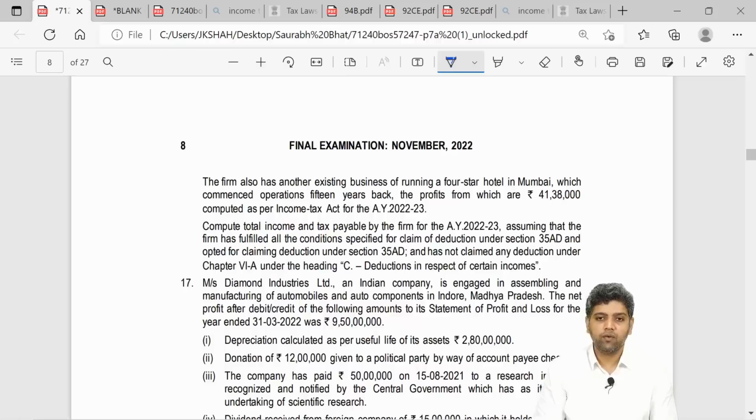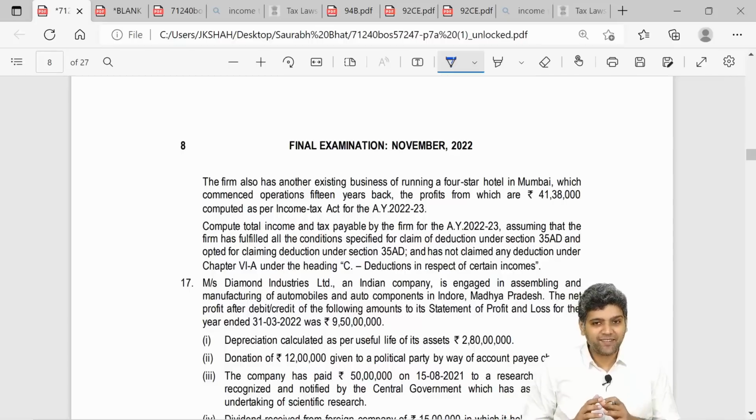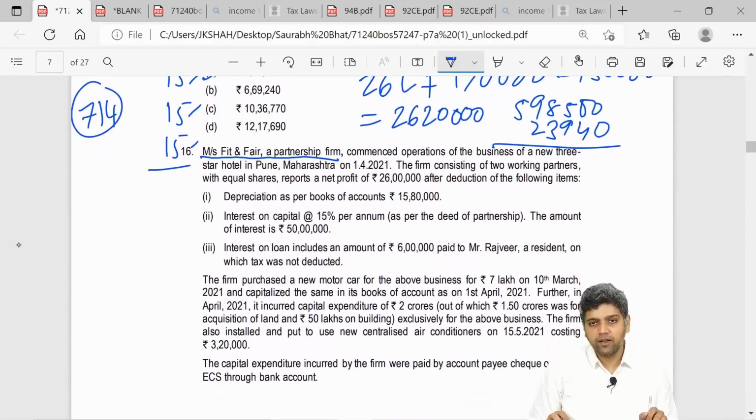Now friends, whenever such type of question is asked in exam, they are kind enough, charitable enough to write over there compute tax under normal as well as AMT provisions. They always point out. But over here they have not done that. You need to be mindful of the fact that if the assessee has claimed any special deduction under Part C of Chapter 6A or 35AD, then it is required to compute alternate minimum tax if it is an assessee other than corporate.